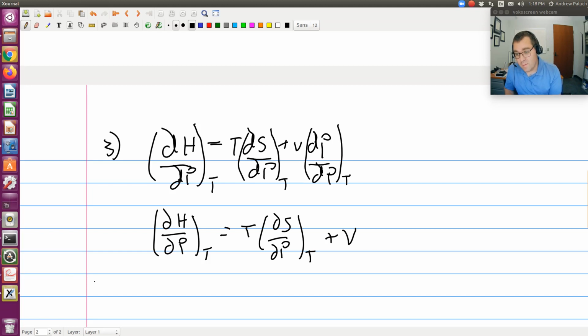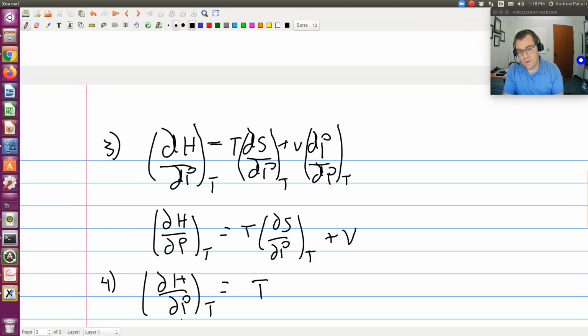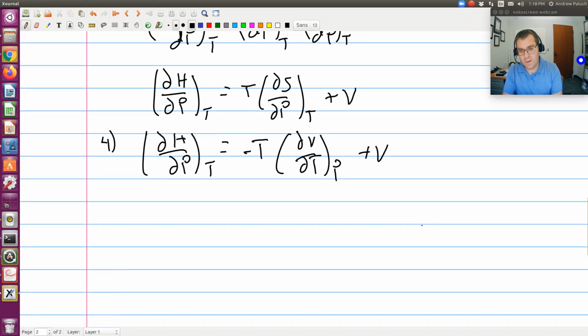Now immediately I think about a Maxwell relationship because our Maxwell relationships are going to relate S, P, V, and T. So if I go over to our equation sheet, let me start by writing down our pieces. (∂S/∂P) at constant T is negative (∂V/∂T) at constant P. So I'll have negative (∂V/∂T) at constant P plus V, and then I can plug that in.